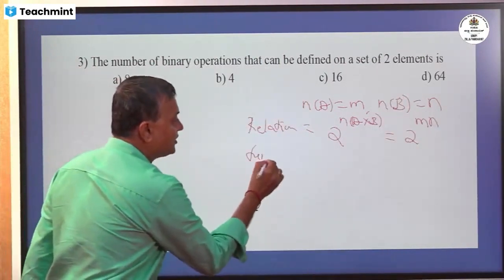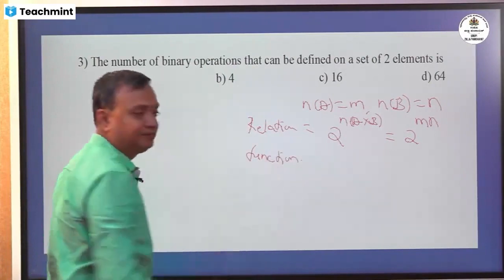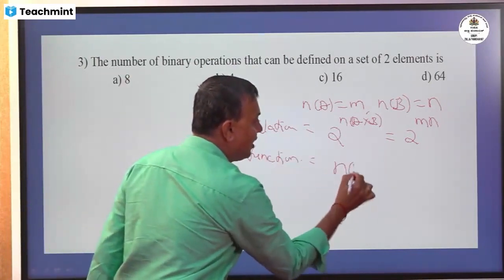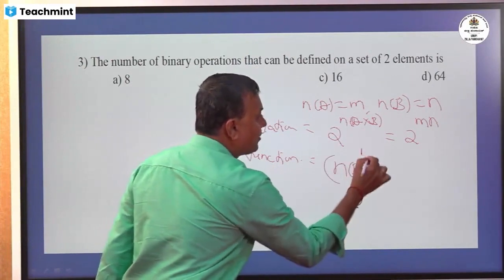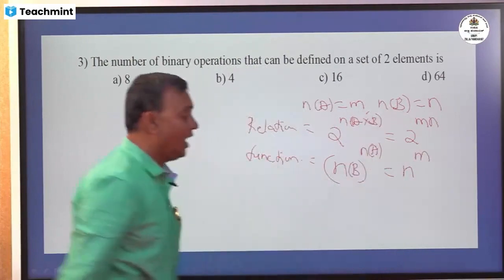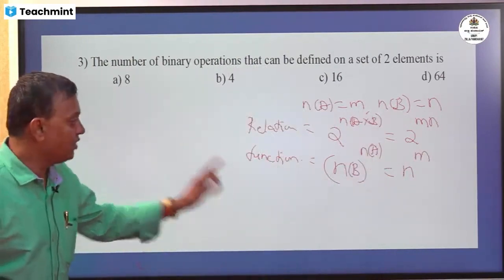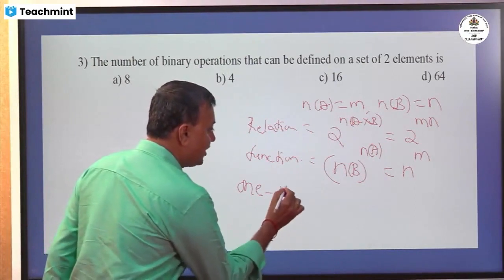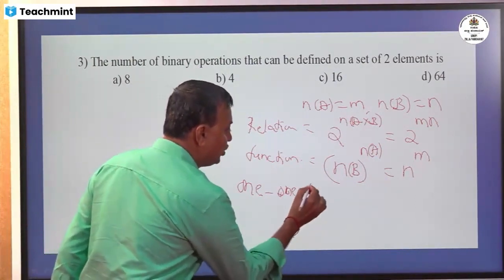Next, functions, among which how many are functions? Number of functions n to the power n of B whole to the power n of A. This is n to the power m. Among which how many are one-one or injective functions?